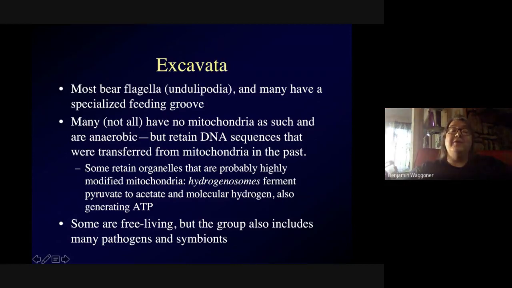There are many that don't have mitochondria that function now, but they do retain DNA sequences that were transferred from ancient mitochondria. So they used to have mitochondria.